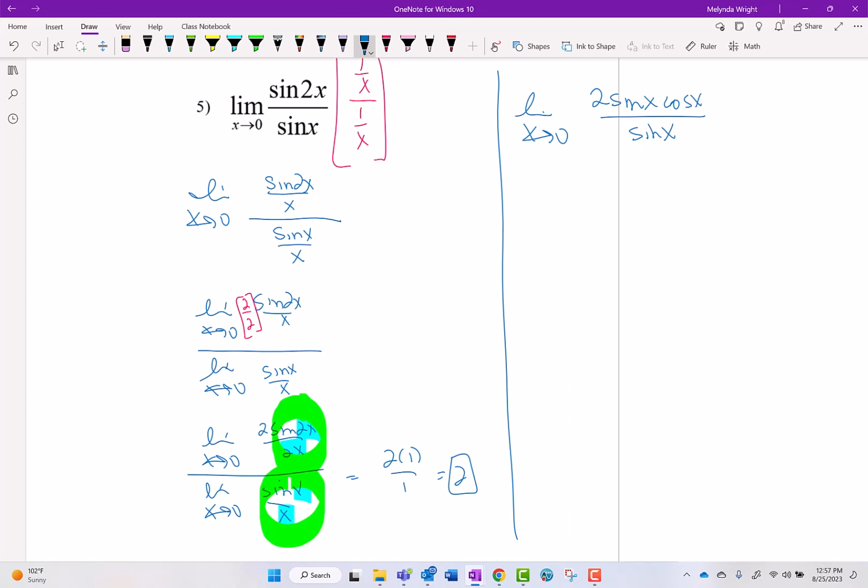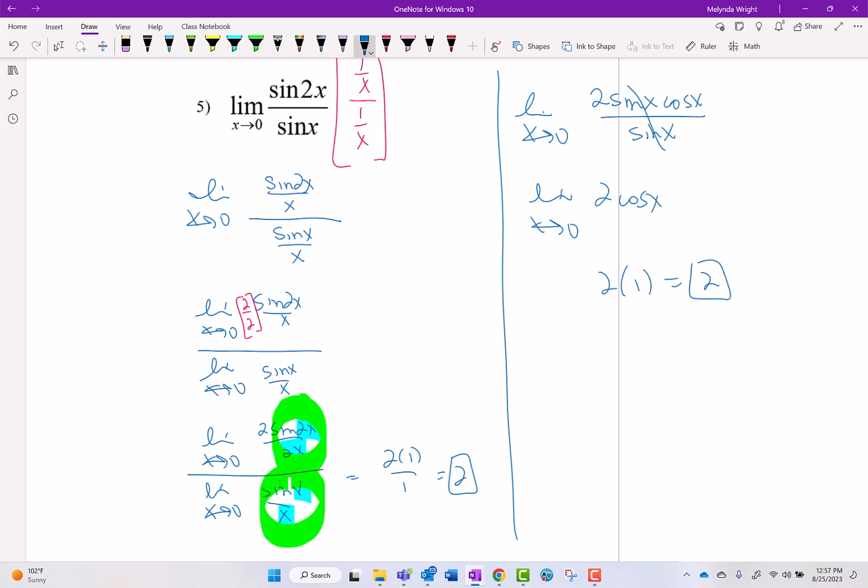What could I do? Cross out. That's kind of nice. What is the unit circle value? What is cosine of 0? 1. This turns into 2 times 1, or 2.